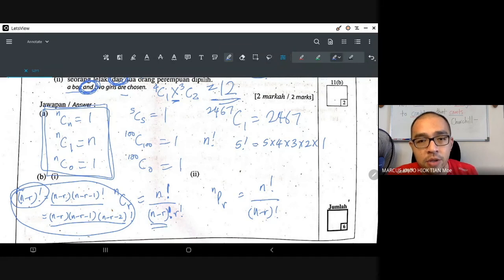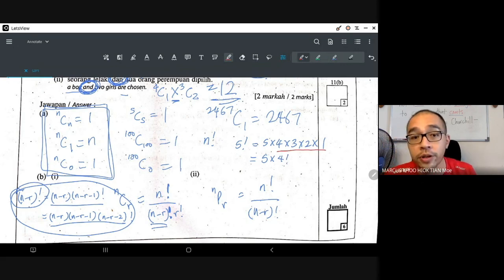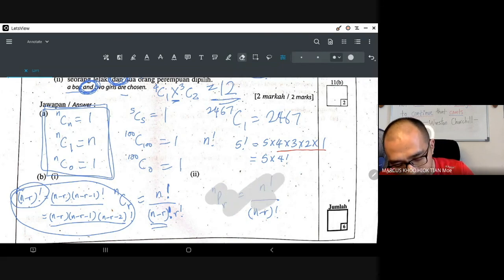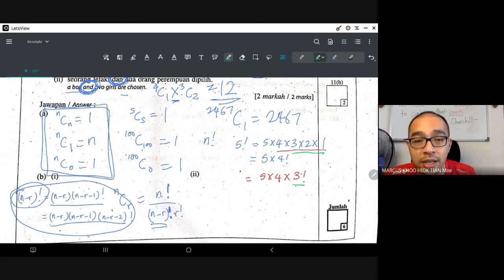Don't multiply by zero, it becomes zero, no point. But 5 factorial is also 5 times 4 factorial, and it's 5 times 4 times 3 factorial. It can work out that way.